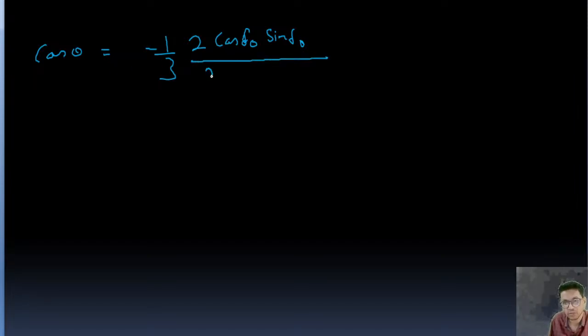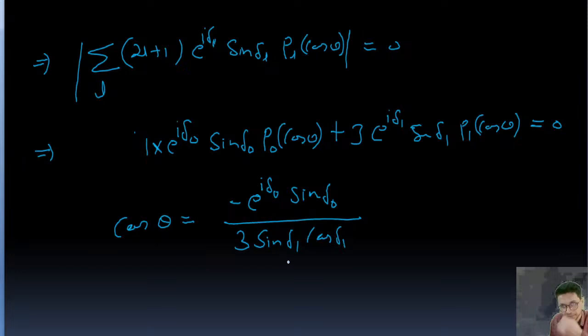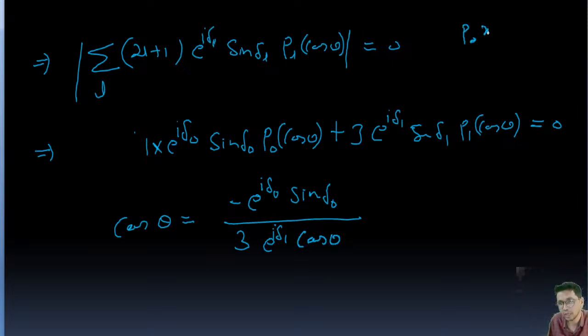So again, this is going to be 2, this one, if I open it, e to the power iota delta 1, and this is cos theta, because of the Legendre polynomial formula, right, we know P0 x value is 1, and P1 x value is x, right?